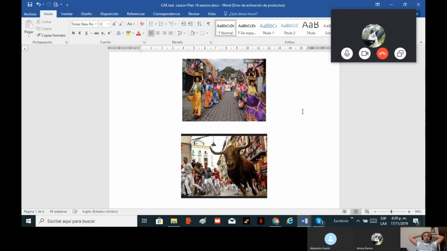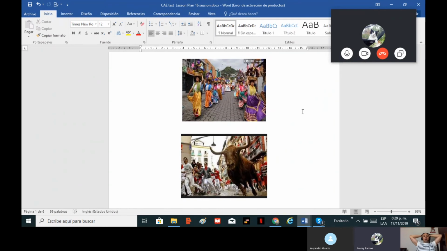I compare and describe these two pictures. In the first image, we can see a difference in the country or the culture. Maybe the first image is a Colombian party, and the second one is a Spanish party. The first one, they have colorful costumes.